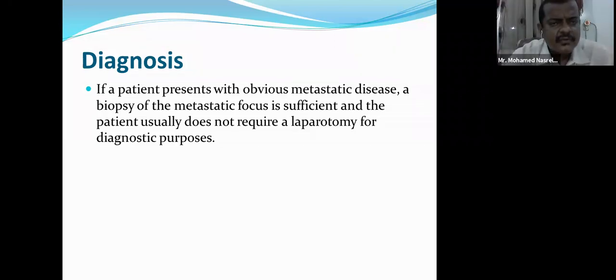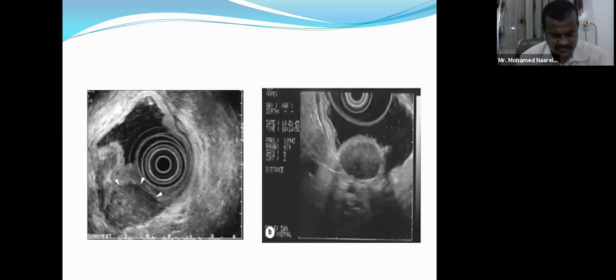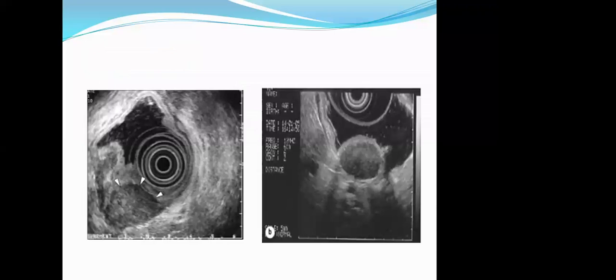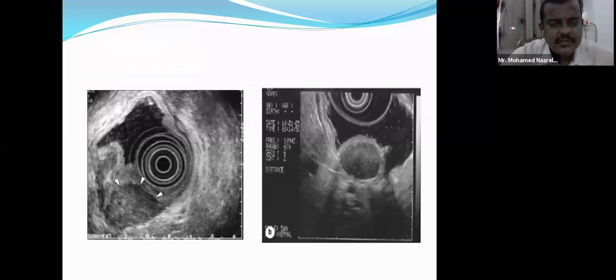If they discover through the OGD that there is a submucosal bulge or feature of tumor submucosally, the first important tool of investigation is endoscopic ultrasound, endoluminal ultrasound, and with this ultrasound you can tell about the nature of the tumor.